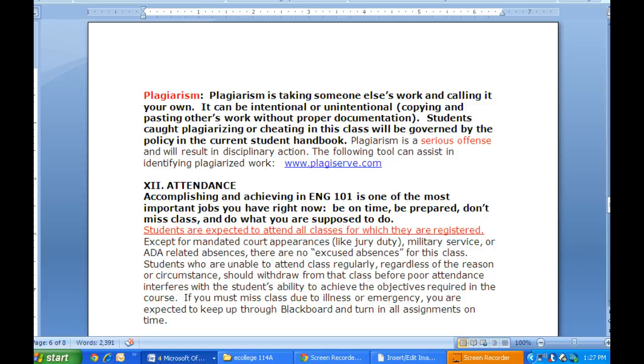The only approved absences or excused absences are things that are beyond your control, like jury duty, military service, and ADA-related absences. Other than that, there are no absences.